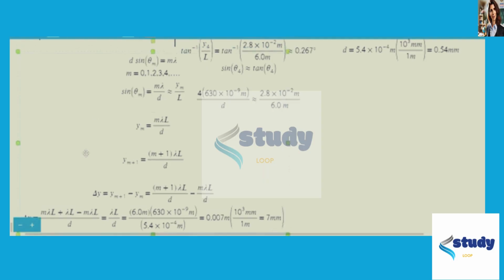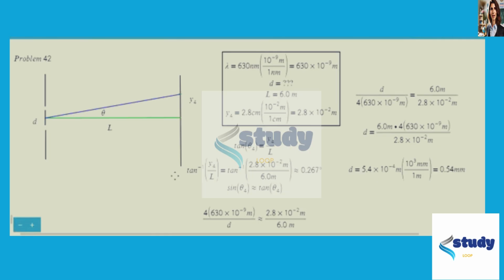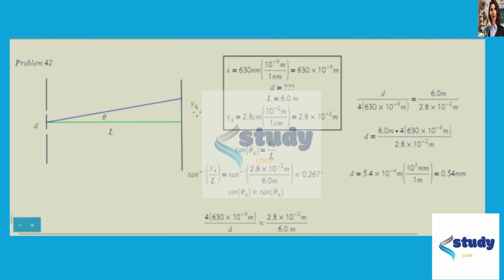So let's go back up top here. The separation between Y4 and Y3 is going to be 7 millimeters. The separation between Y3 and Y2 is going to be 7 millimeters, and so forth. So Y4 and Y5, if we have another bright fringe somewhere up here, the separation between Y5 and Y4 is going to be 7 millimeters.